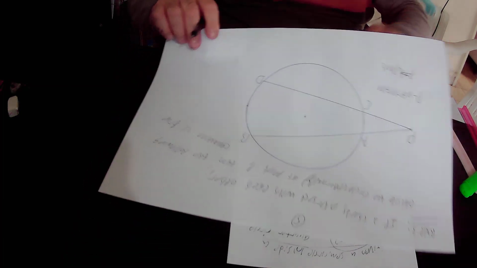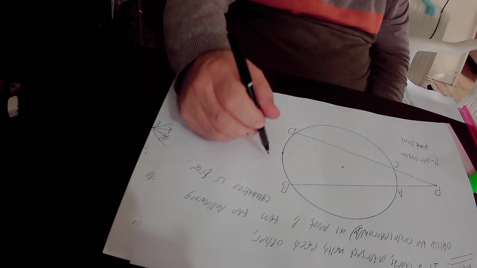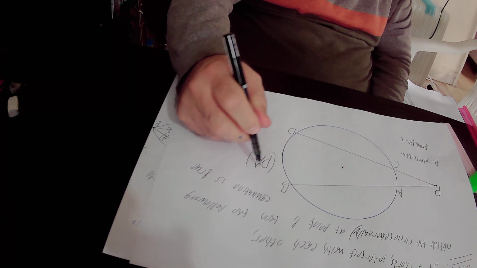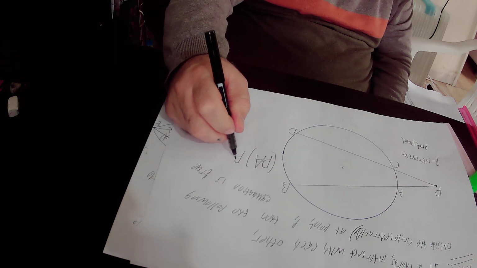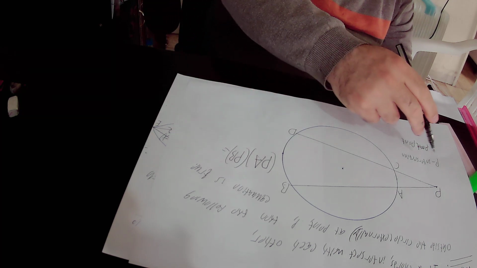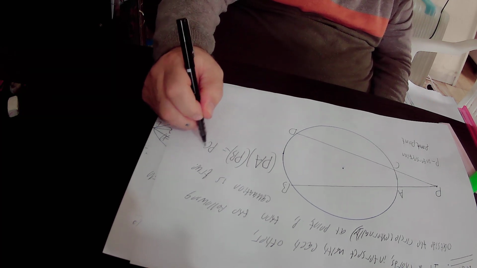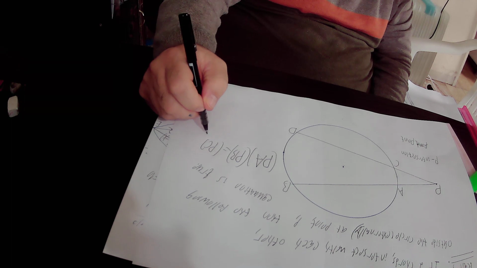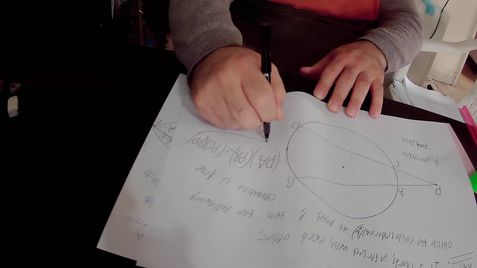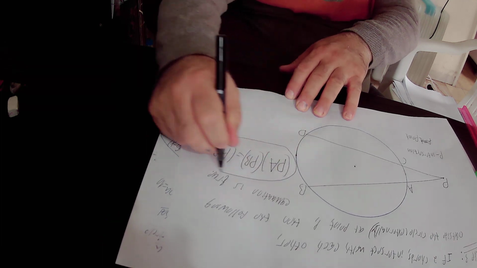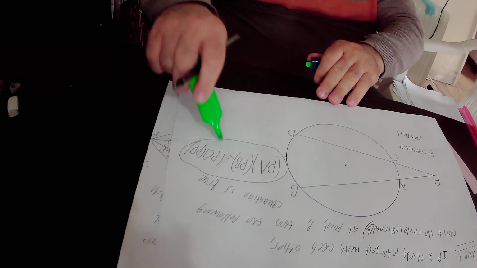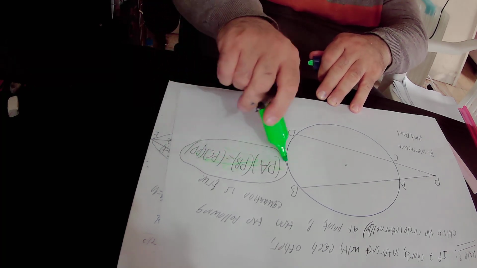The equation is PA times PB equals PC times PD.